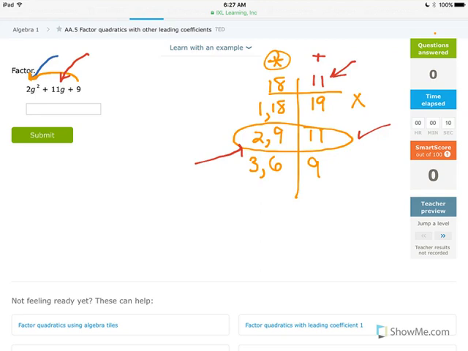So it's going to be 2g squared, that was the first term. And where did this middle term come from? We're going to split it into the two terms that it came from before it was simplified. So it came from a 2g being combined with a 9g.